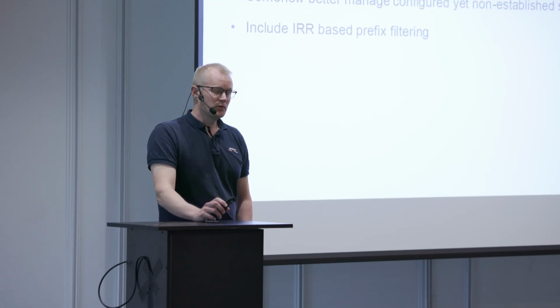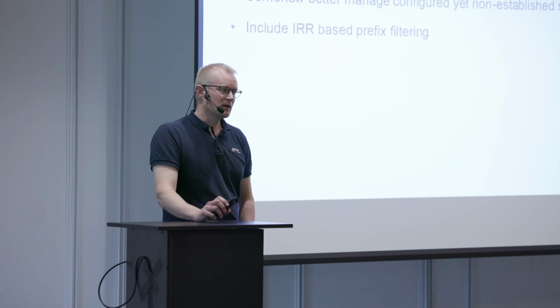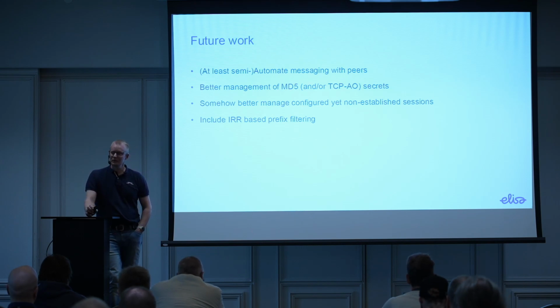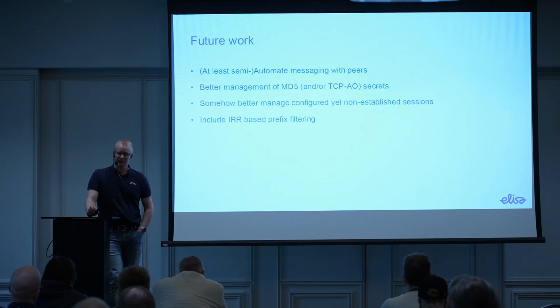And we also do not have a very good feedback loop from the operational level, in a way that whatever we configure on the routers, there's not a very good feedback loop whether or not the peering is actually established. So this Ansible tool only cares about generating the configuration, but what's happening on the network is not directly visible to the automation framework.